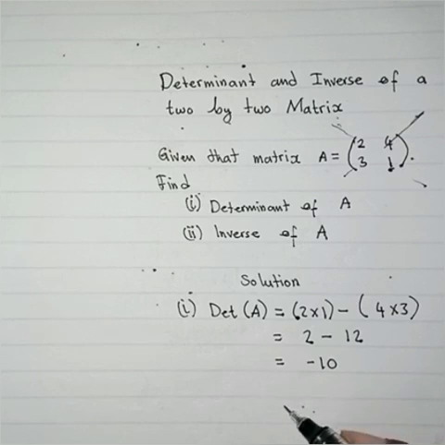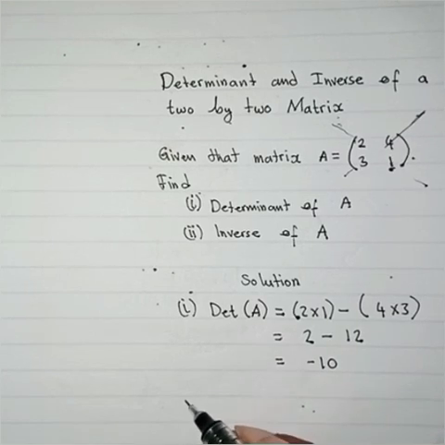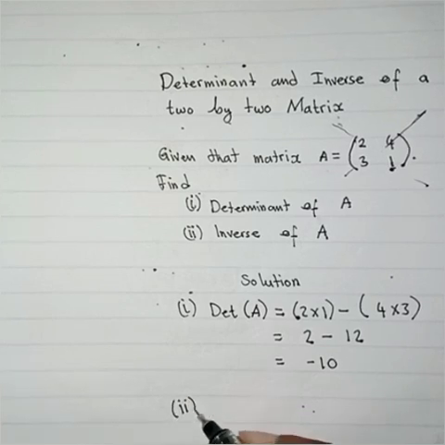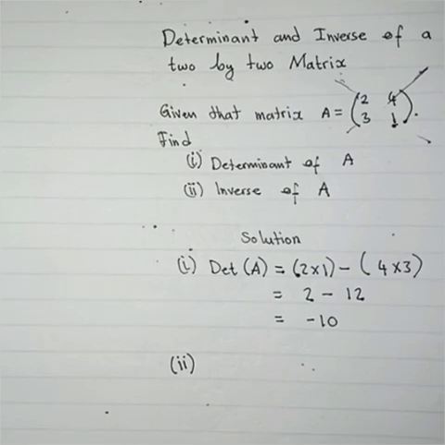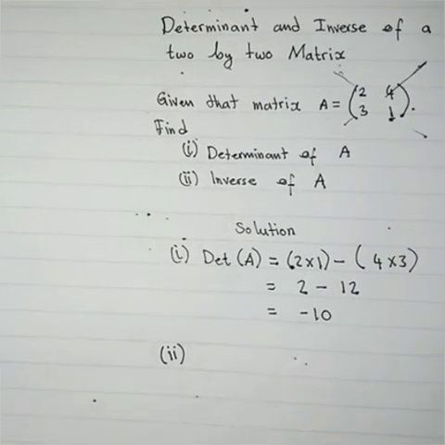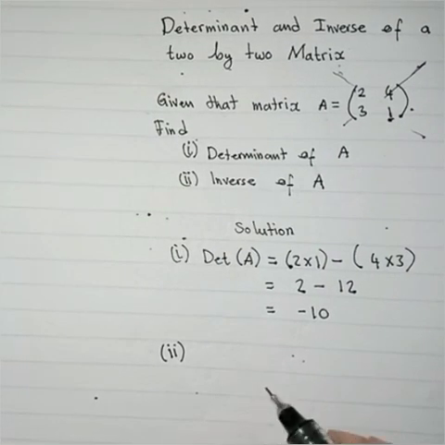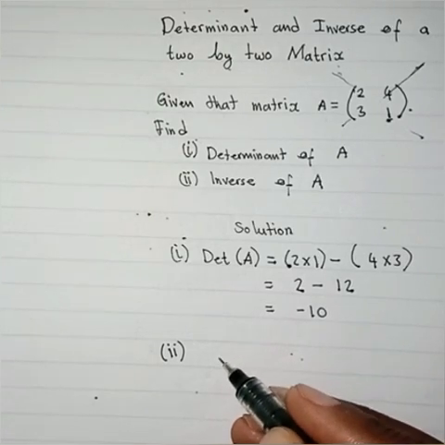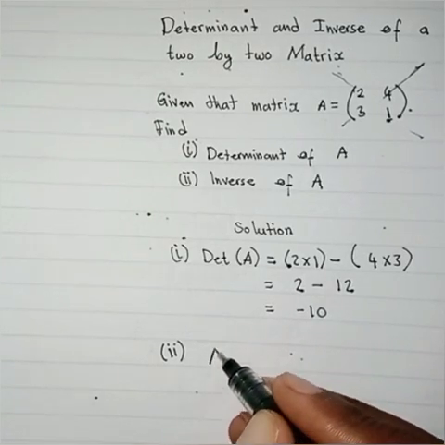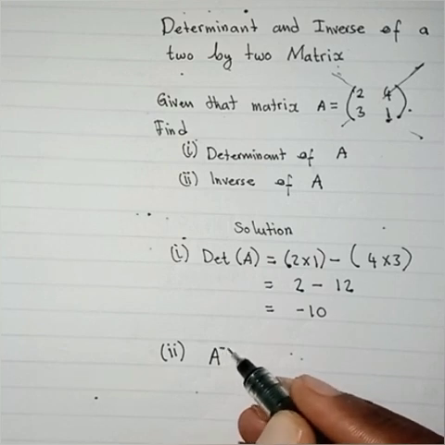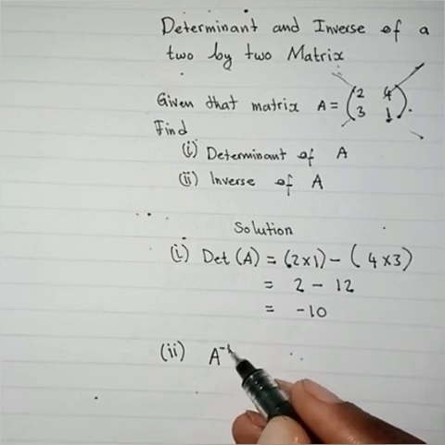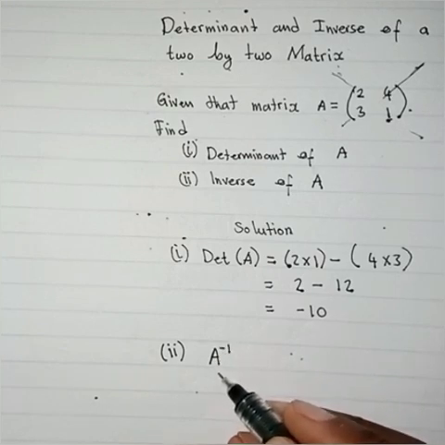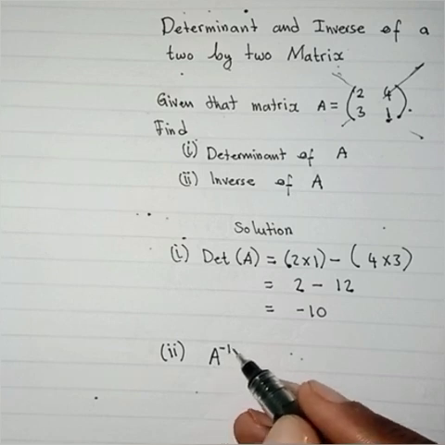Now, let us look at the inverse of matrix A. To find the inverse of matrix A, we say A inverse. So this is the notation for the inverse of a matrix, A with a negative 1.